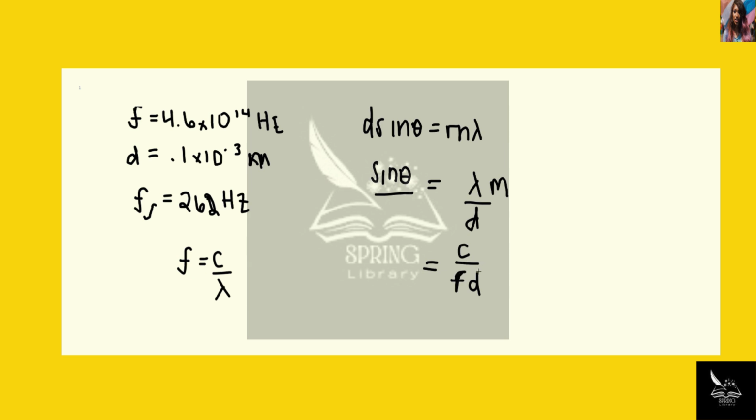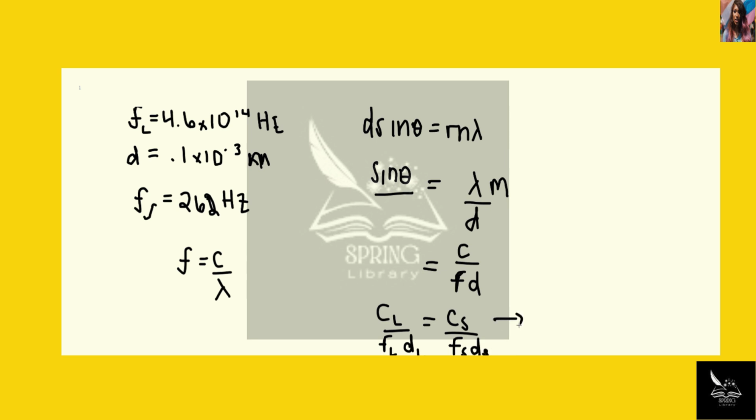And again, we want this to be the same. So we want c of light over f of light times d of the light to be equal to c of the sound over f of the sound times d of the sound.